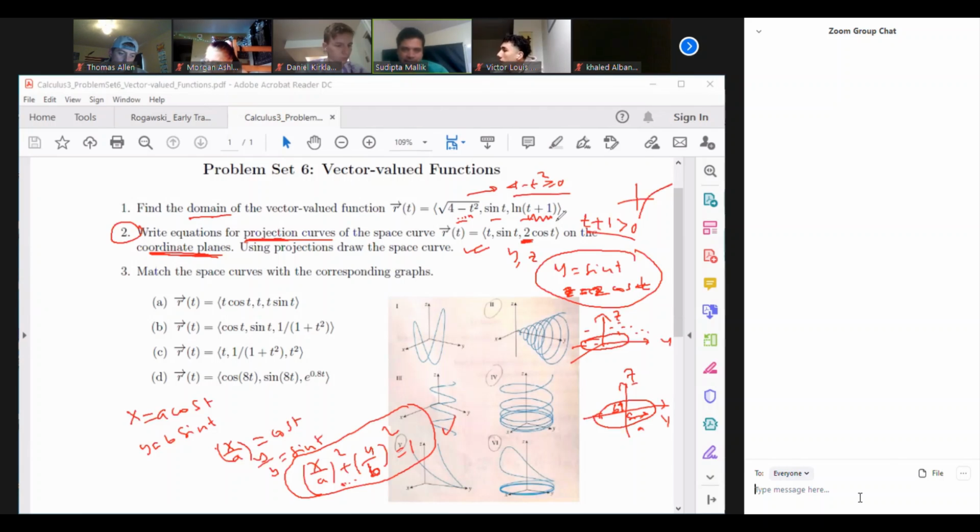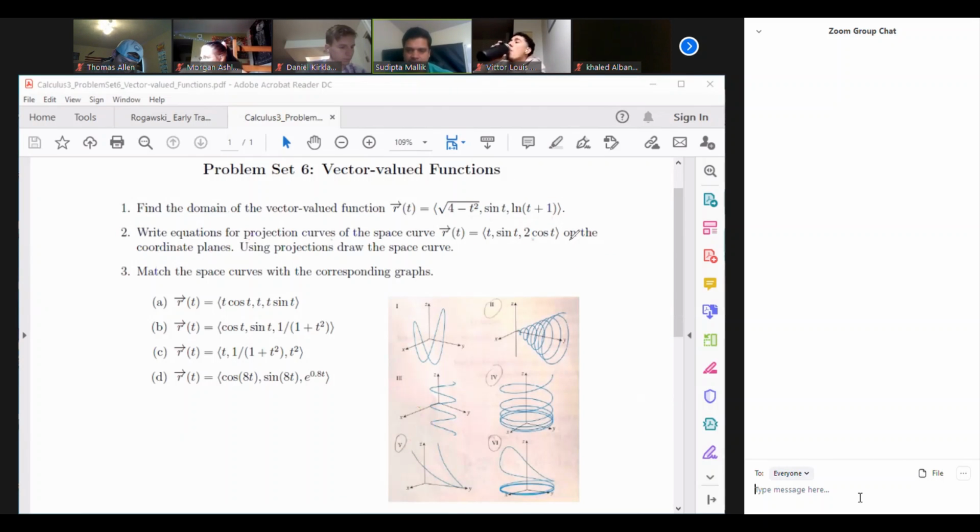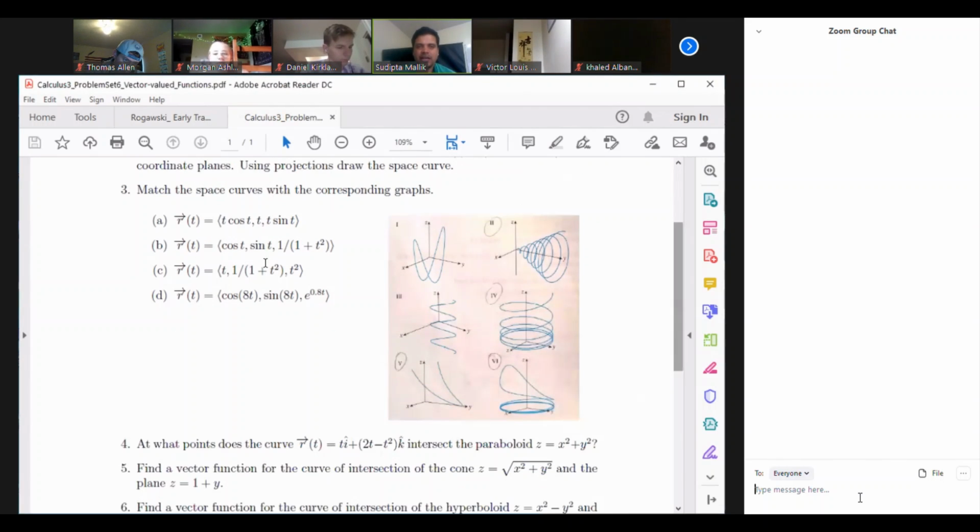Okay, I gave you enough hint for that problem. And then you have this matching question. You have the curves and the figures. The idea is when you have sine and cosine, for example, this one, x is cosine, y is sine.